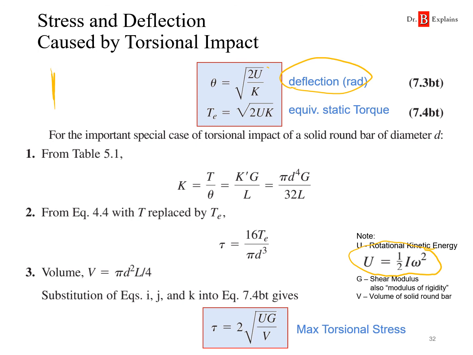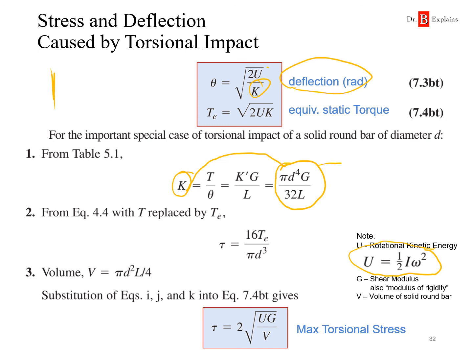And then what is K? K is like a spring constant, but in torsion, which for a solid round bar takes this form: K is equal to pi d to the fourth times G divided by 32L, and G is your shear modulus, or modulus of rigidity.